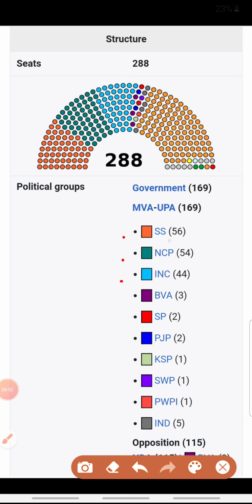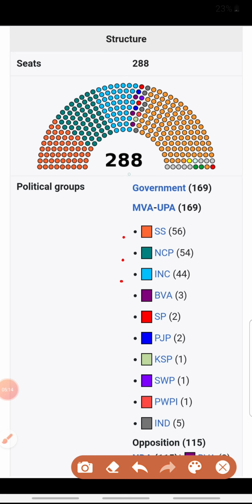So together these 3, and they have taken some other parties also, and together they have joined hands, they have given their support and they have an alliance with each other. Okay, they have given support to each other and formed their government.